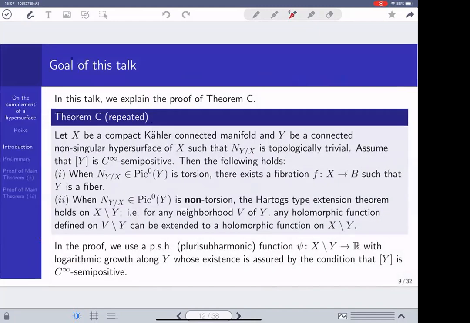Okay. In this talk, we explain the proof of Theorem C. This is the same statement as the previous page. I just repeated. In the proof, we use a pre-subharmonic function psi defined on X set minus Y with logarithmic growth along Y in a suitable sense, whose existence is assured by the condition that the line bundle Y is C infinity semipositive.